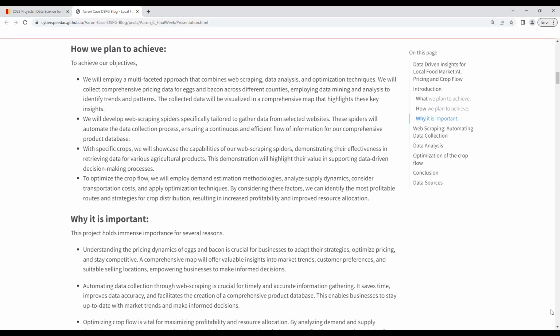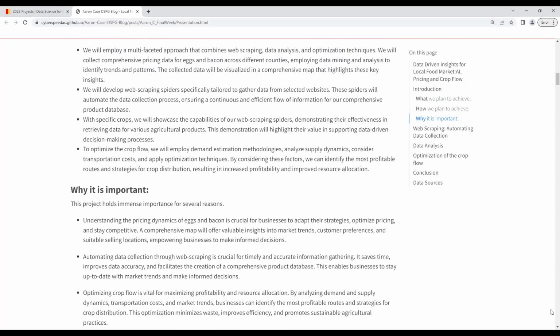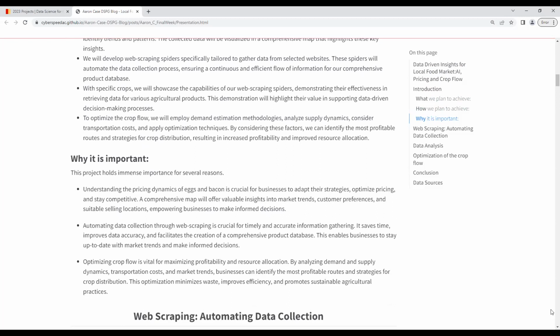Then, as I said, we tested our tool by testing if we can scrape data for a different product other than the three that we are using. Then we will showcase the insights our data is producing, and finally we're going to work on the optimization of crop flow.